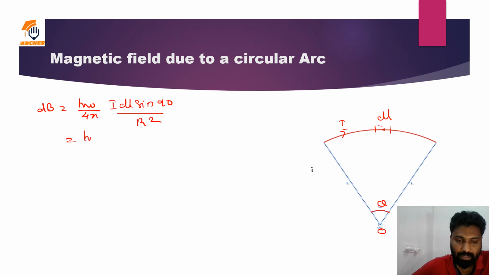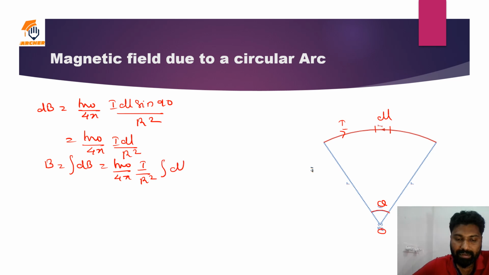So mu 0 by 4 pi I dl divided by r square. So the total field will be integral dB, right? So this will be mu 0 by 4 pi I by r square integral dl.